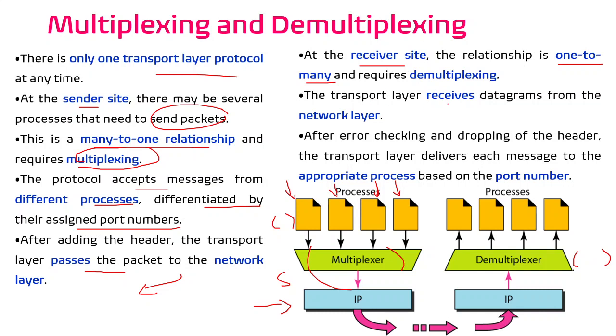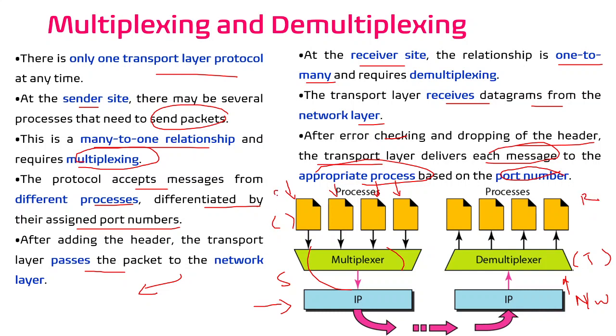The transport layer receives the datagrams from the network layer. After error checking and dropping of the header, the transport layer delivers each message to the appropriate process, based upon the port numbers. This is happening at the receiver side.